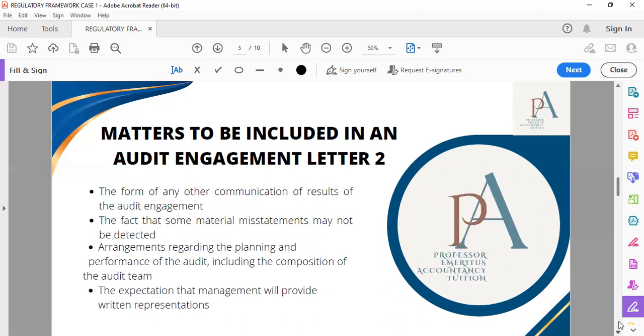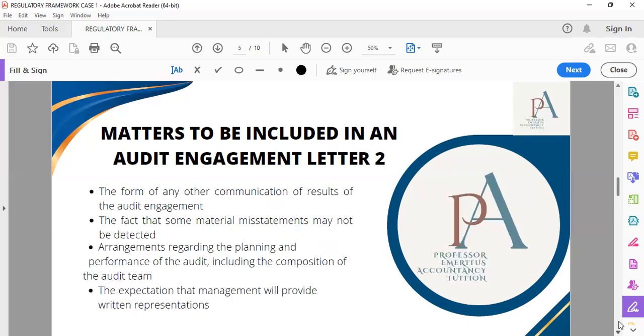If they have communication with the company or any third party, what will be the mode of the communication? For instance, there's what we call letter of circularization, where the auditor may need to write to debtors or creditors to confirm the amount for which a company has stated that they are indebted to them or they owe.